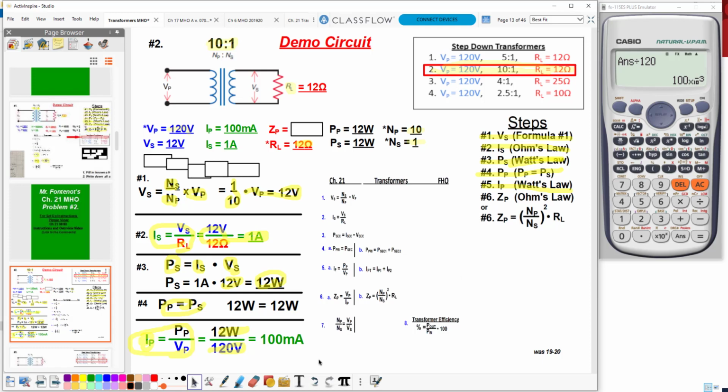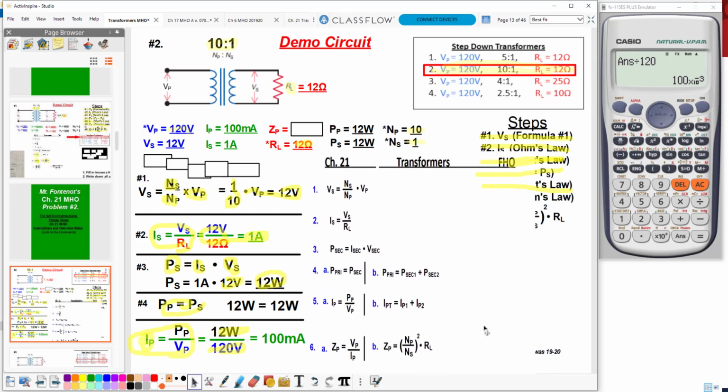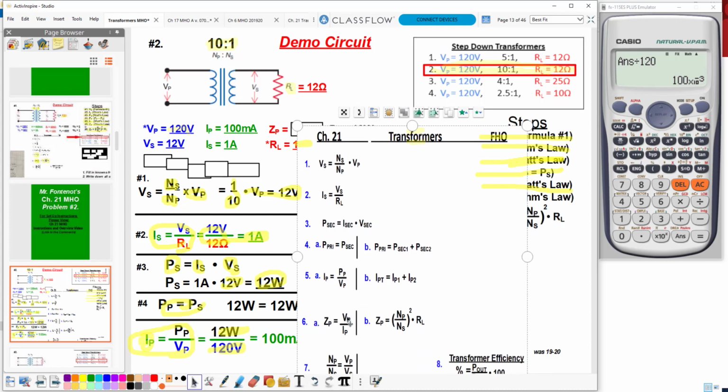Alright, the last calculation that I need to make is my ZP. If we look at our formula sheet and look at formula number 6 right here, ZP is equal to VP over IP.